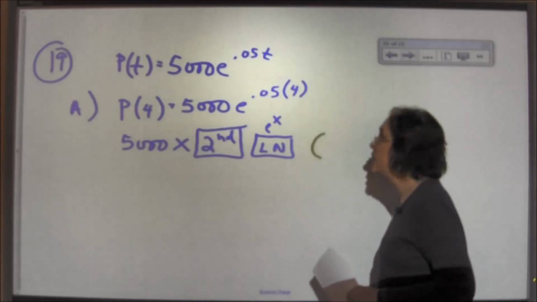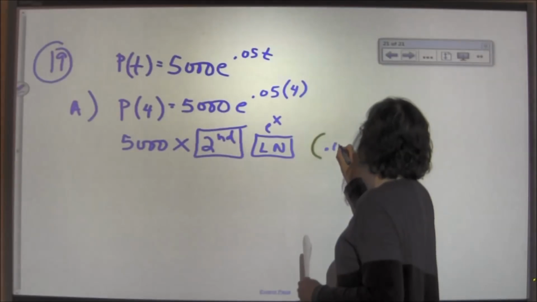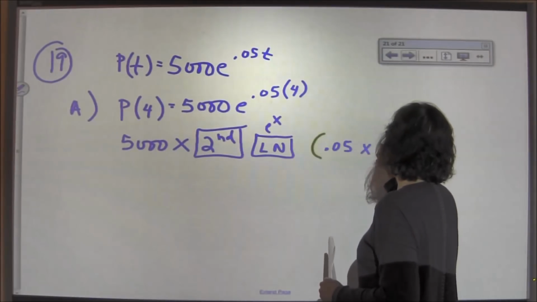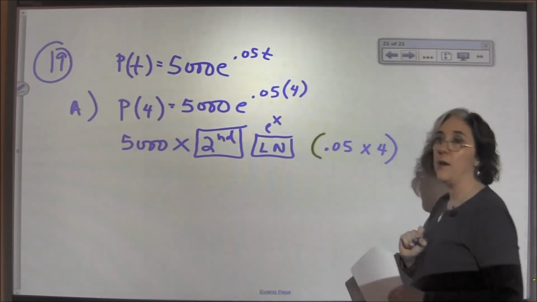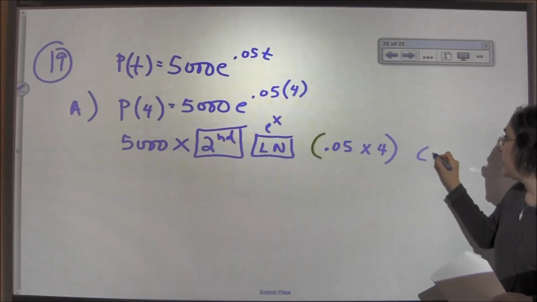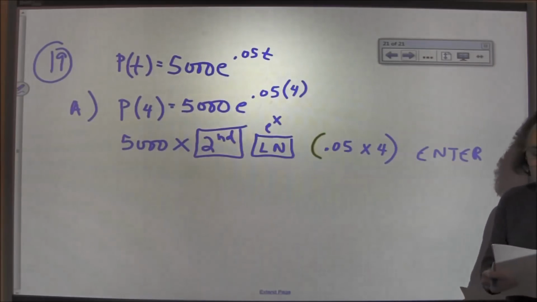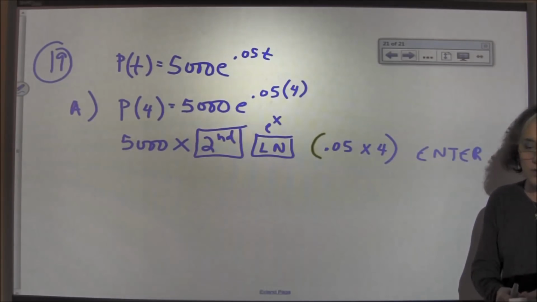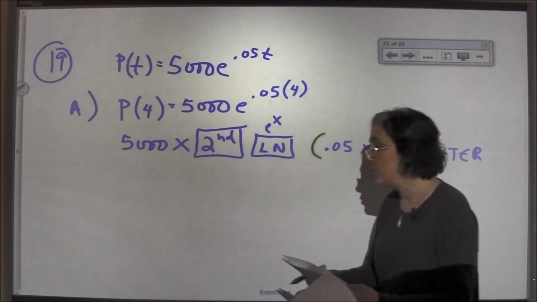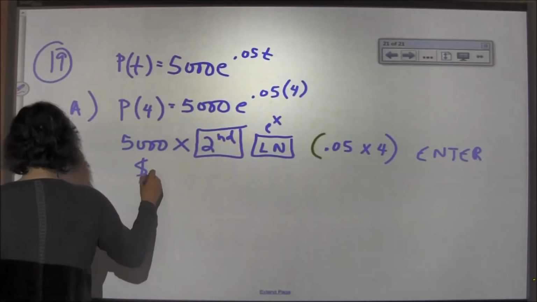And so you type in 0.05 times 4, and then you've got to close that parenthesis, and then you press enter. And then just round however they say. Usually with money, you're either rounded to the nearest whole number or the nearest cent. This one they did to the nearest cent. The directions will be clear on the exam.